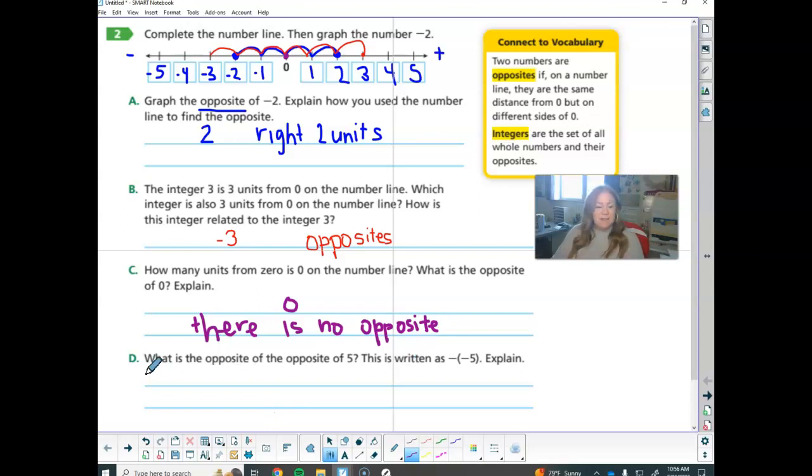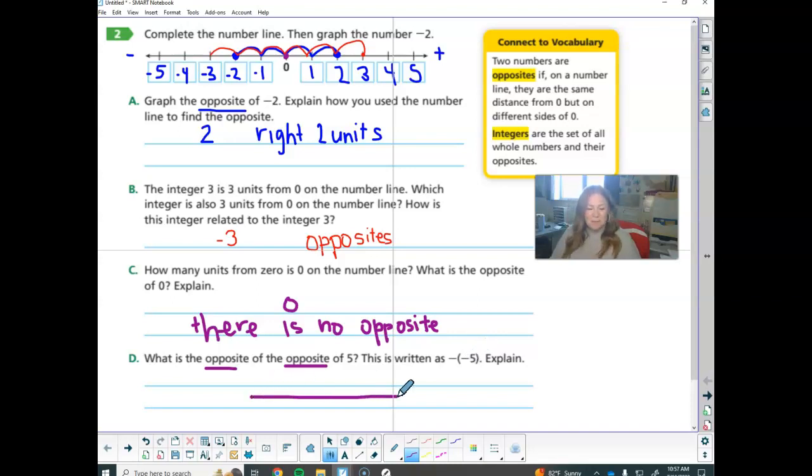Okay, last part of this problem here is D. What is the opposite of the opposite of 5? So we have to go double opposites. And you write it as the negative is another word for opposite. So the opposite of the opposite of 5.